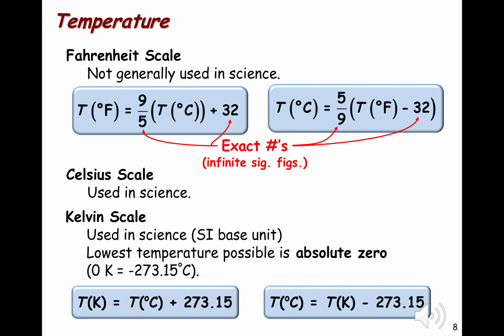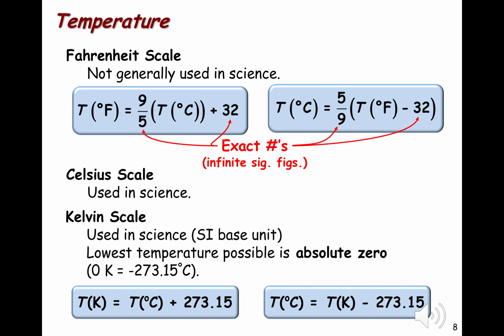Shown here are the formulas that are typically used to convert between various temperature scales. The conversion of the Fahrenheit to the Celsius and vice versa are shown near the top here.